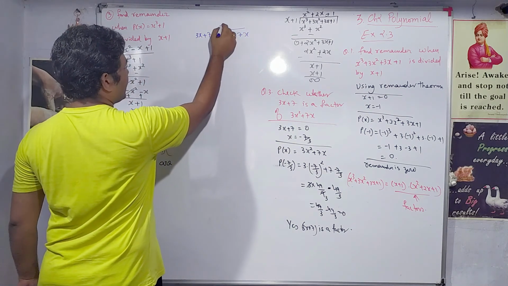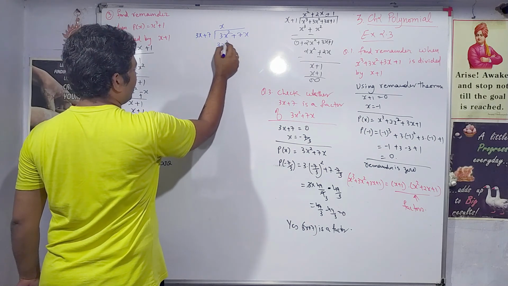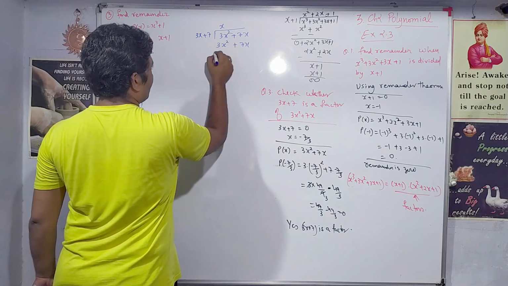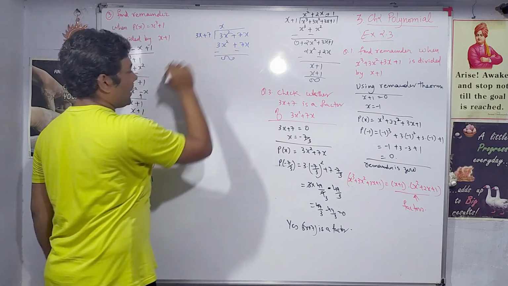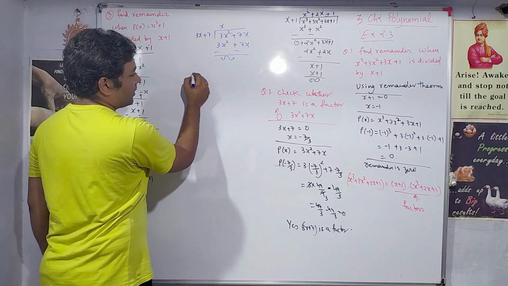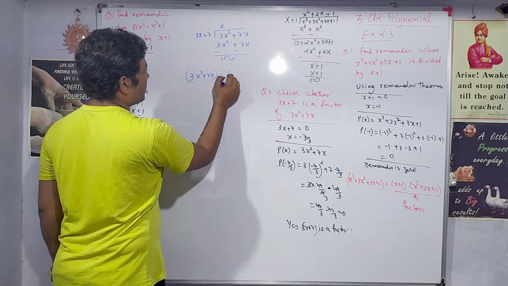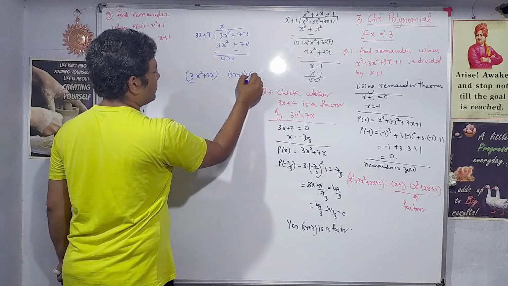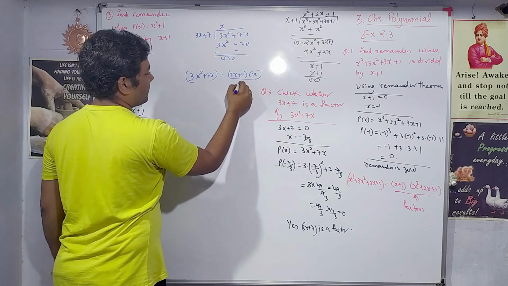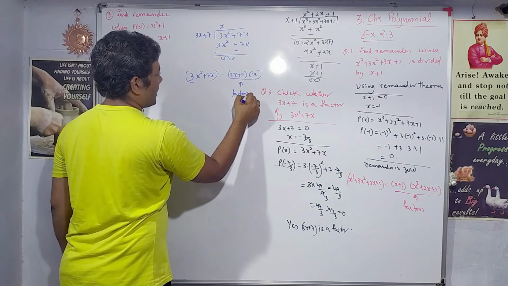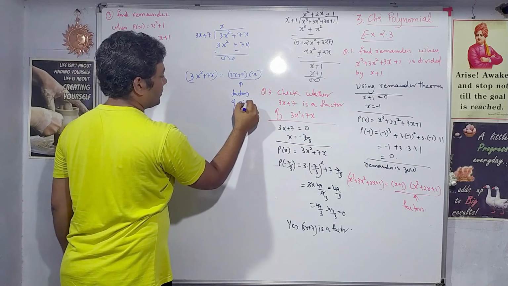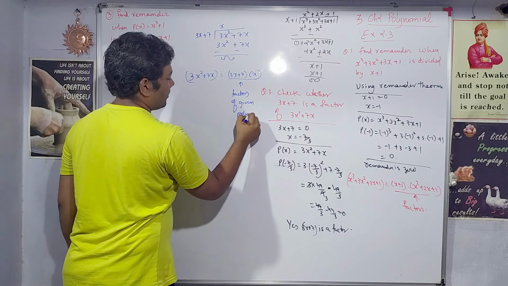What will you multiply here? x. So 3x square plus 7x minus the same, the remainder is 0, so only x. Hence you can write down that 3x square plus 7x is equal to 3x plus 7 into x. So these are the factors of the given polynomial, right?